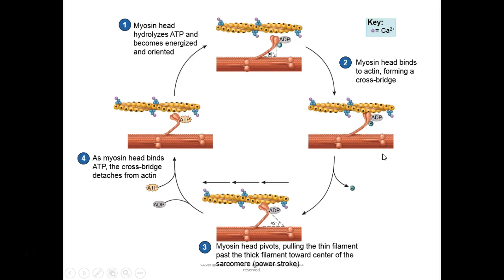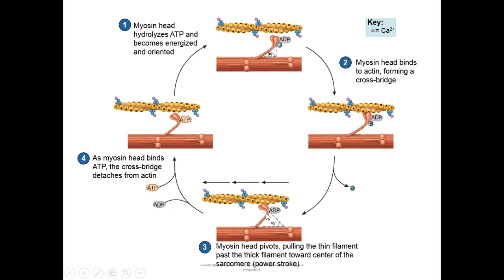After the cross bridge forms, the myosin head pivots a little bit, and as it changes into the new position, it pulls the thin actin filament past the thick myosin filament toward the center of the sarcomere. So it's generating this tension or force in the process. This is what is known as the power stroke.